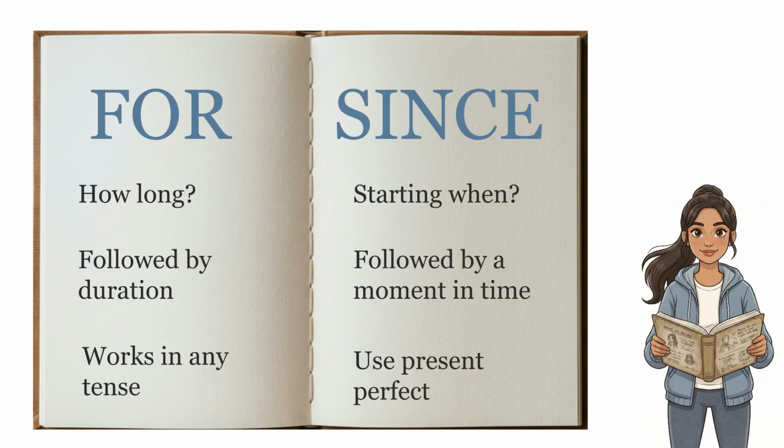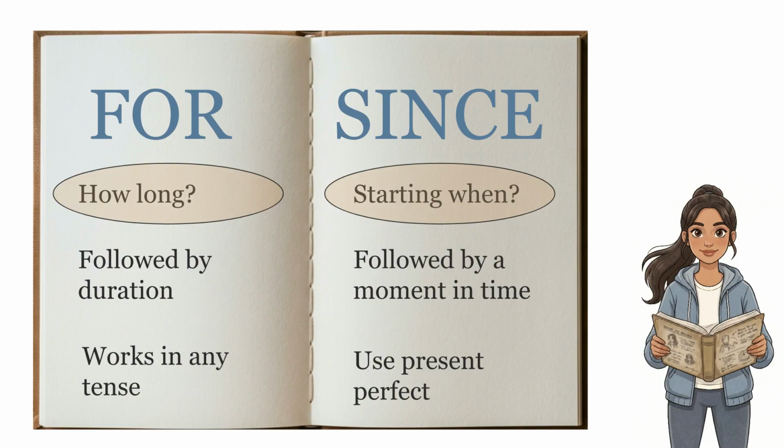The difference is simply how you are looking at it, from the length or from the starting point. When you're unsure, ask yourself one question. Am I saying how long? Or am I saying when it started? That question will give you the right answer every time.